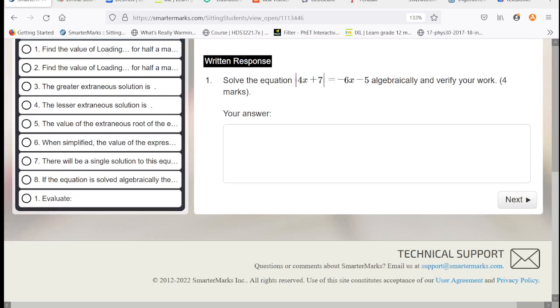Alright, our first written response. In this case we have to solve the equation absolute value of 4x plus 7 equals negative 6x minus 5 algebraically and verify the work.